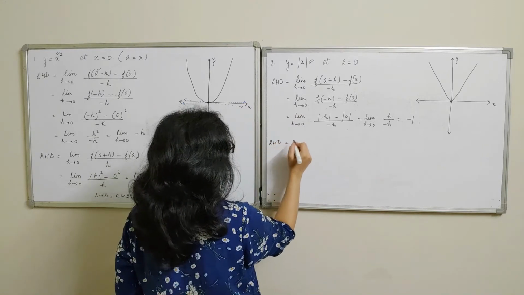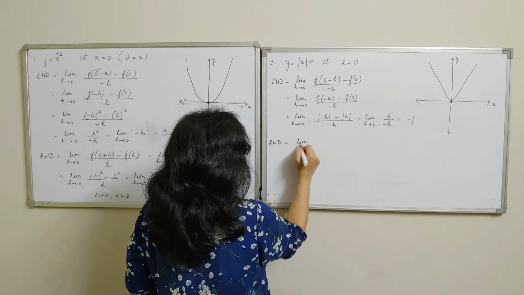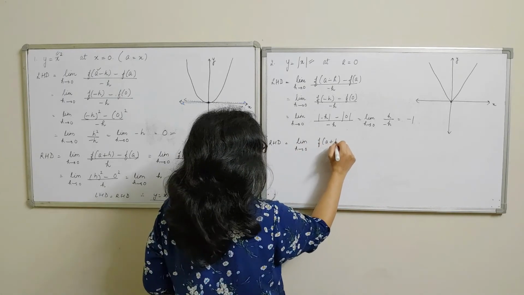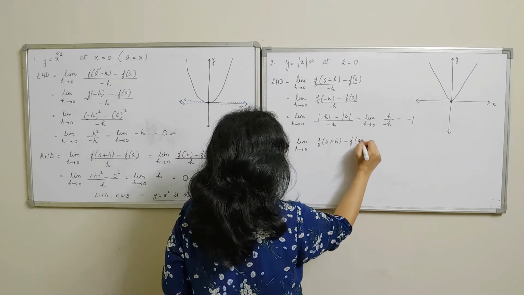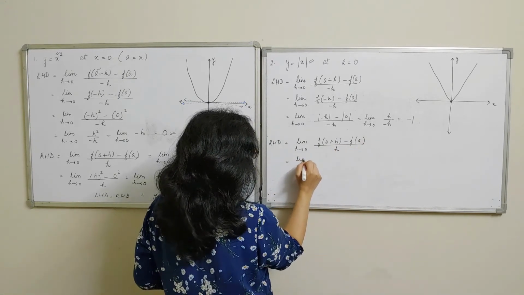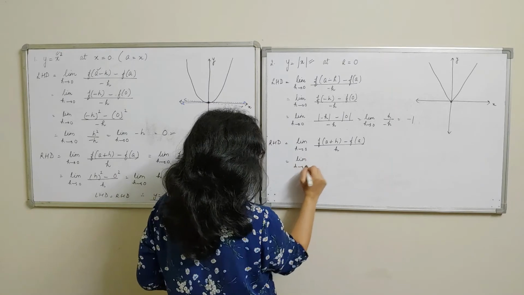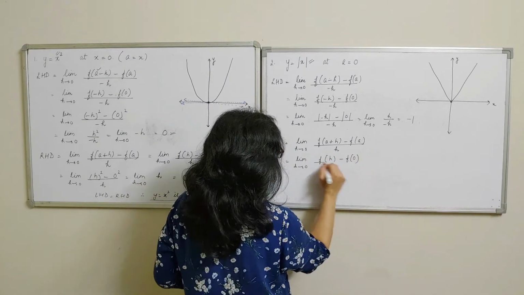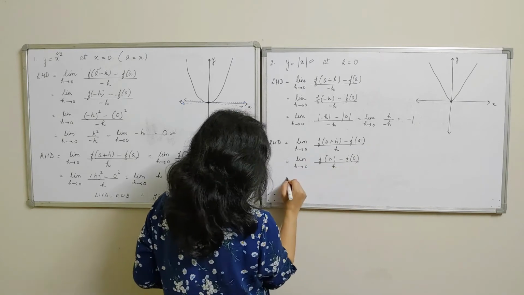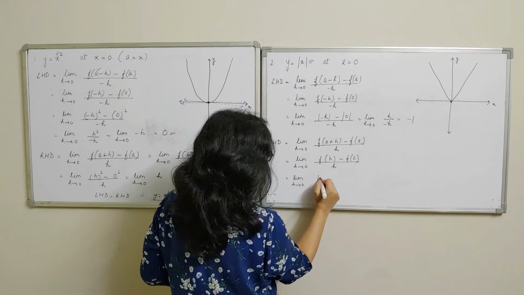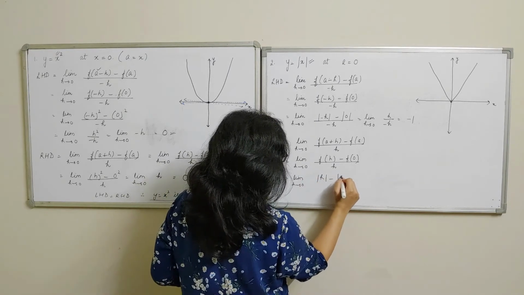Let's find out the right hand derivative. Limit h tends to 0, f of a plus h minus f of a upon h. Our point of reference is 0, so it becomes f of h minus f of 0 upon h, and the function is modulus function.